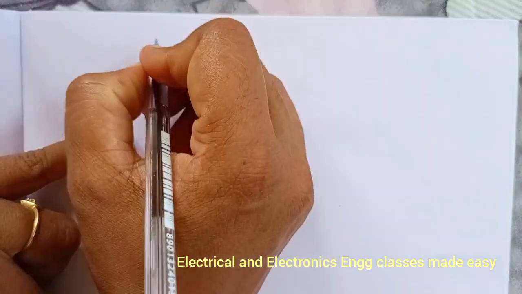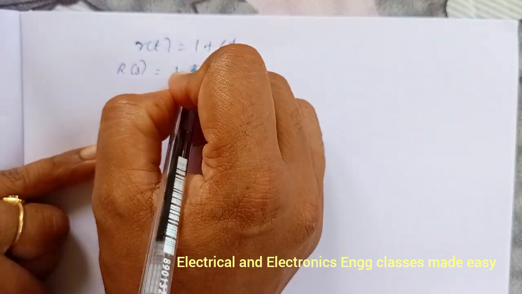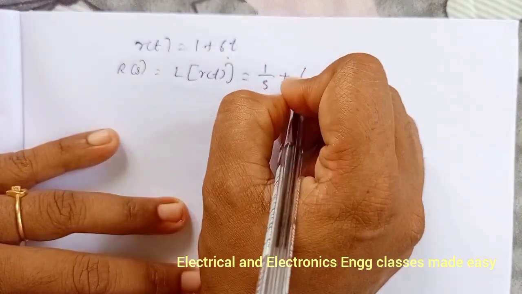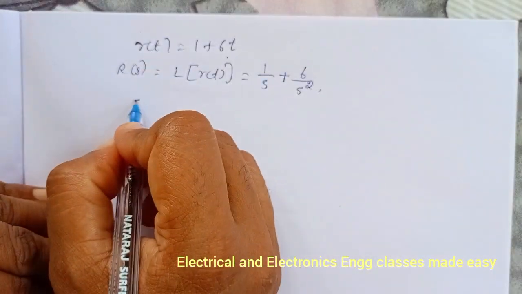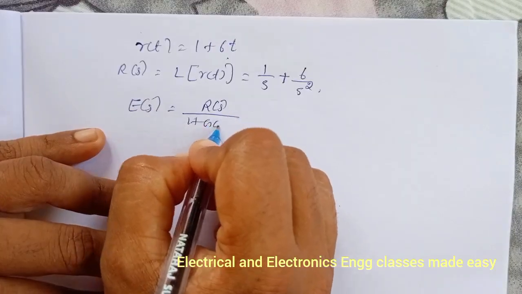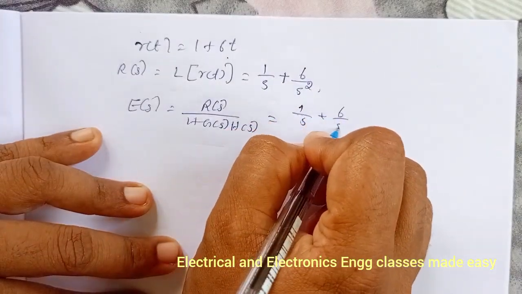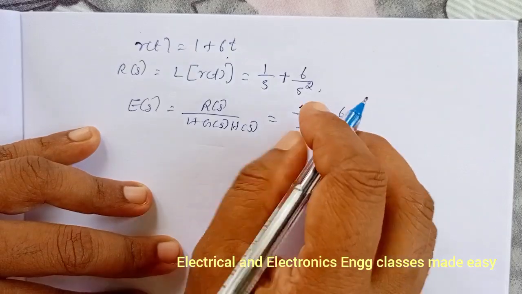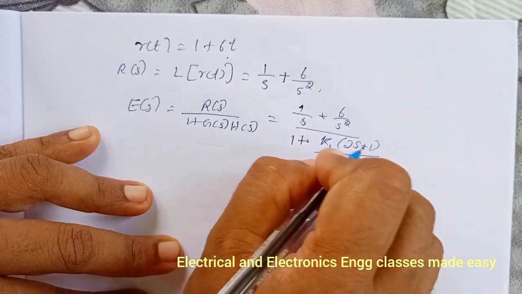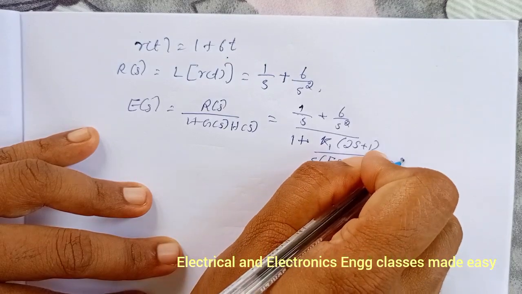So we have r(t) equal to 1 + 6t, then find R(s), and that is the Laplace transform of r(t), equal to 1 by s + 6 by s squared. Then we have E(s) equal to R(s) divided by 1 + G(s)H(s), and that is equal to (1 by s + 6 by s squared) divided by 1 + G(s), where G(s) is given as K1 into (2s + 1) divided by s into (5s + 1) into (1 + s) the whole squared.